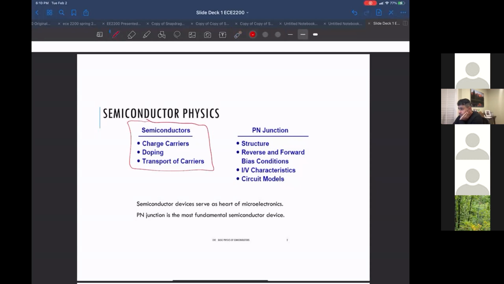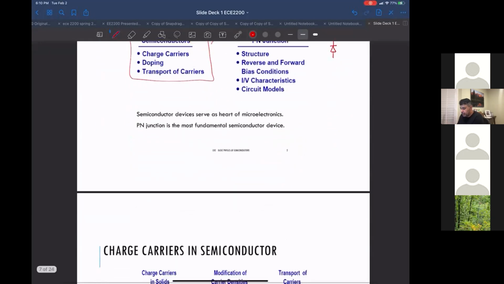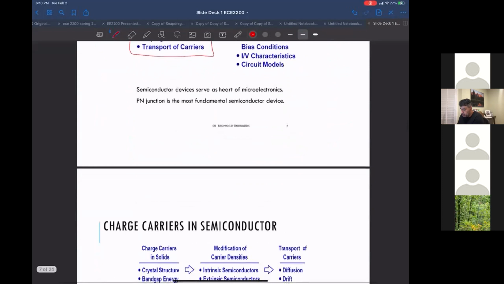I got my PhD for the most part in semiconductors, and you could spend years dissecting it. We're just going to go over it real fast in an attempt to get to PN junctions, which are also known as diodes, the circuit element I just talked about that has this nonlinear characteristic, which will be useful.